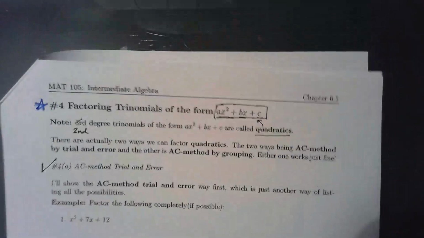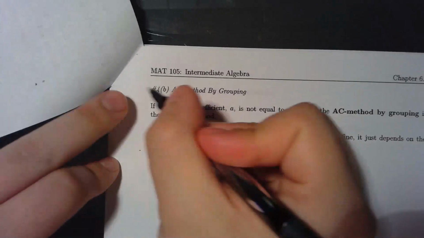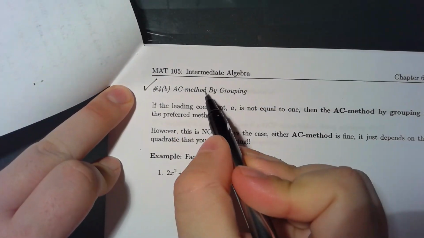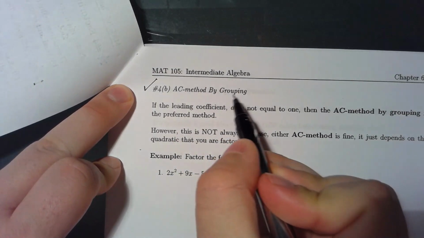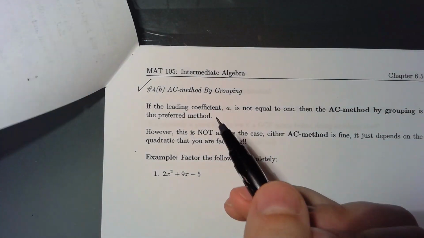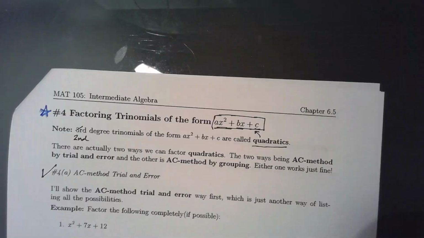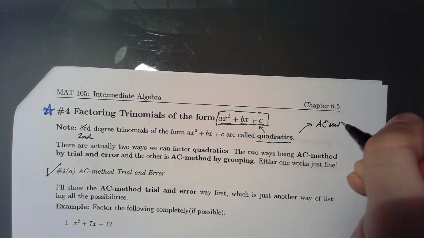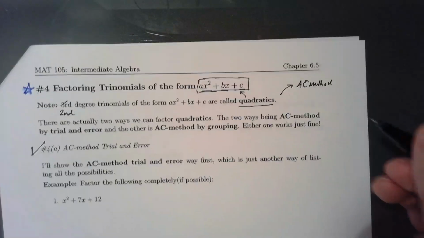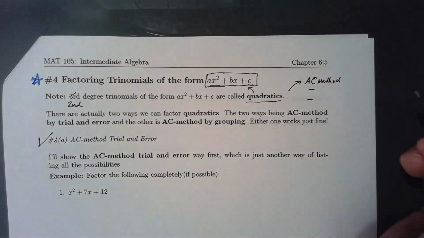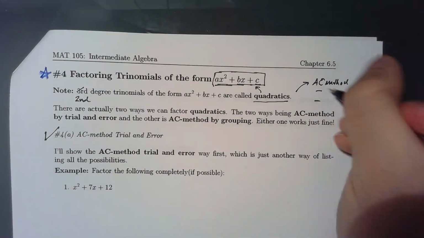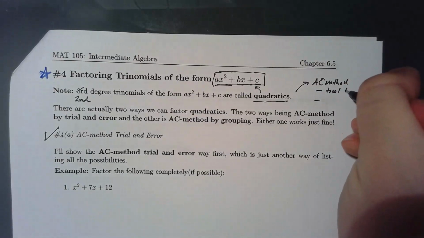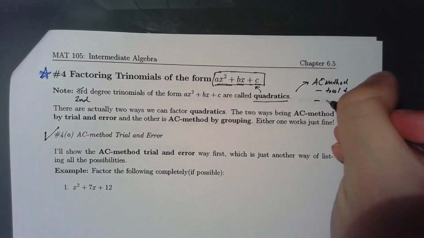And just to peek ahead a little bit, we can use the AC method by grouping, which we've already looked at. I'll show you that when we get there, but when you're factoring quadratics, you could do the AC method. Basically, you could use the AC method 2 ways. Trial and error, or by grouping.